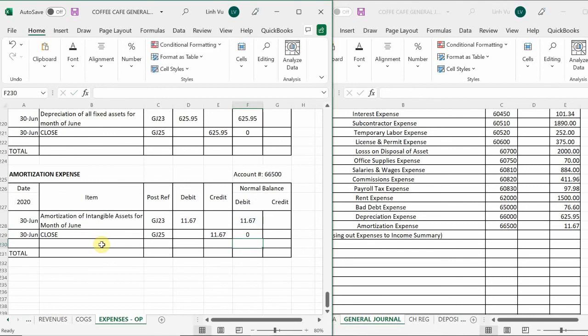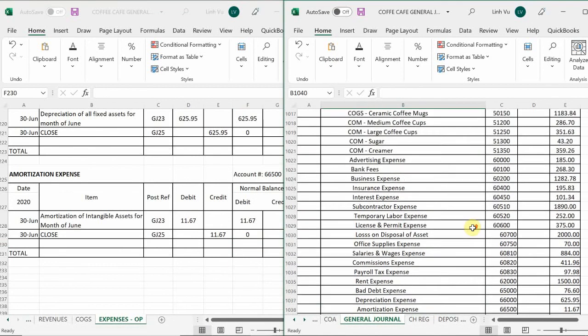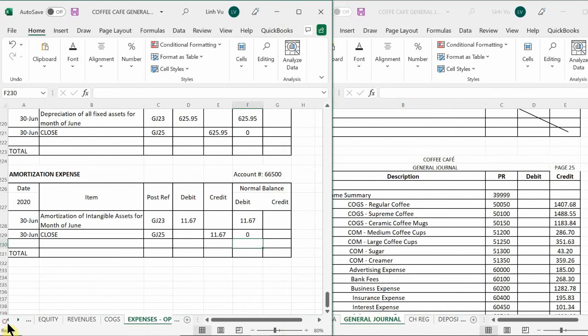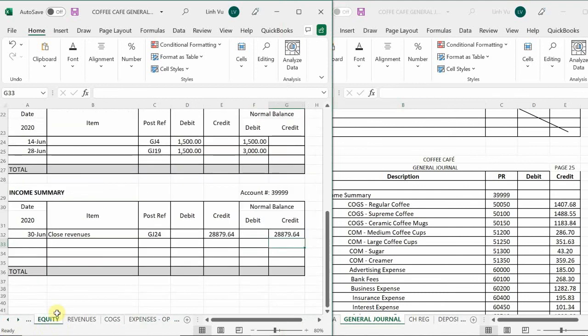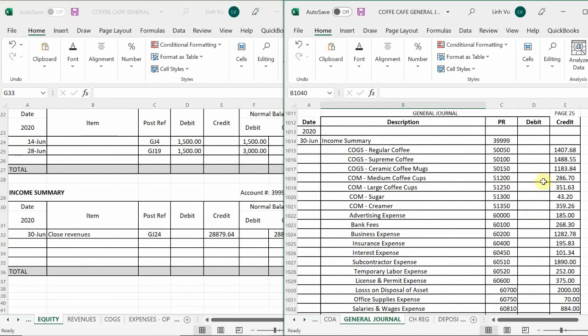So now I closed out all of my expenses. What is my grand total amount that I need to put into my income summary? What was my total amount in expenses? 15,349.27.